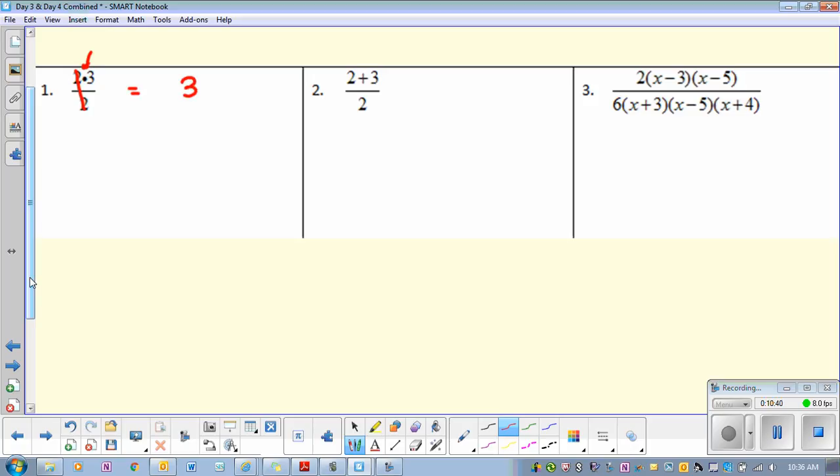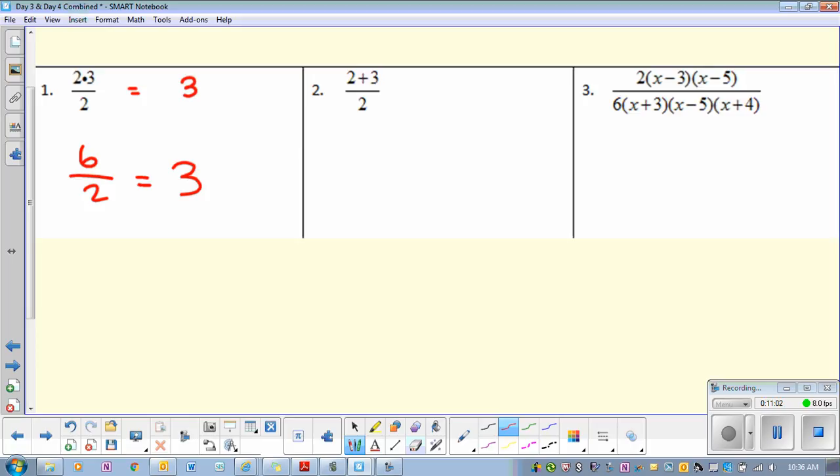Okay? If you looked at this and you were like, oh, I don't remember if I can cancel it or not, well, then go back and just look at what the problem is telling you. It's telling you, what's 2 times 3? 6. 6 over 2, which is what? 3. It's the same thing, okay? So how about we look at number 2?